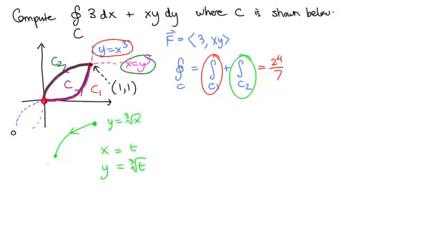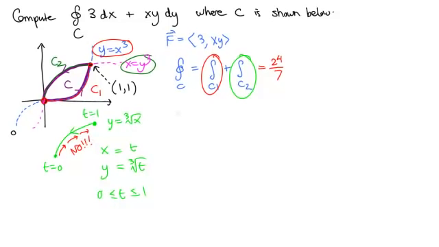When time is equal to 0, we're at the bottom point. When time is equal to 1, we're at the top point. So this description right here, x equals t, y equals t cubed, where t goes from 0 to 1, describes the right shape, but it has the wrong direction. It's going from left to right, whereas we need it from right to left.